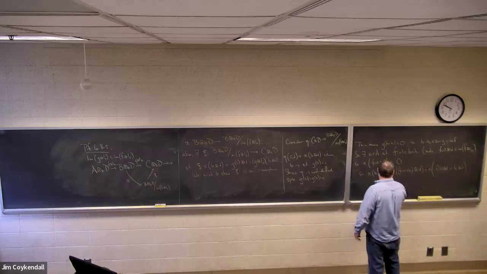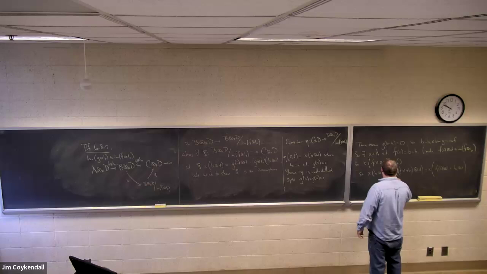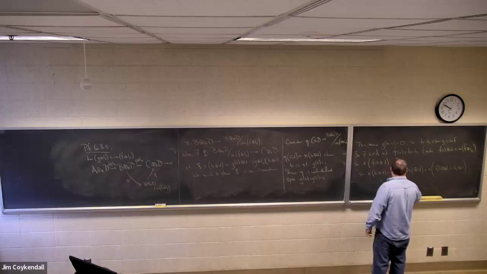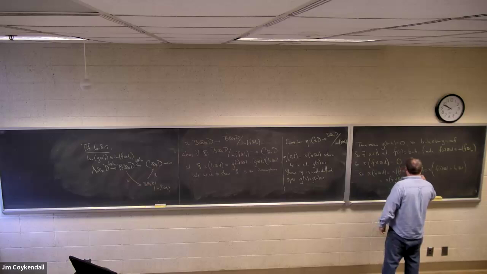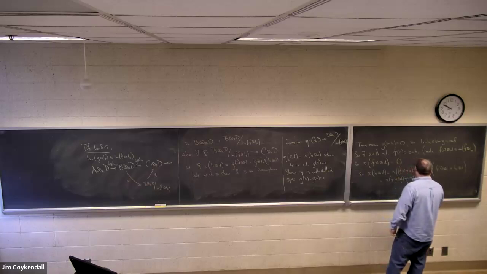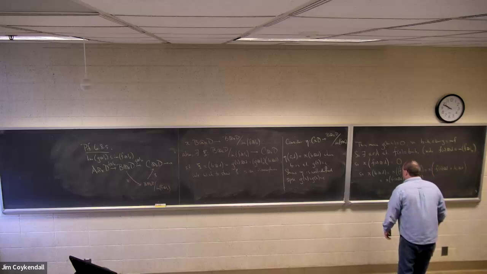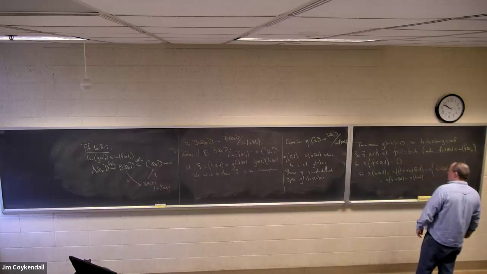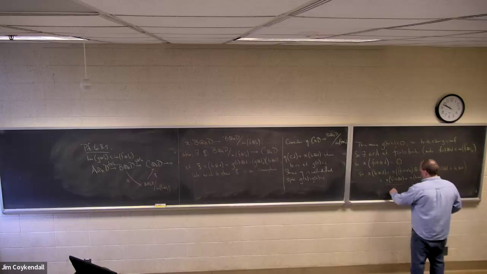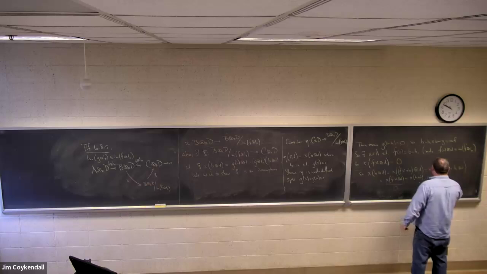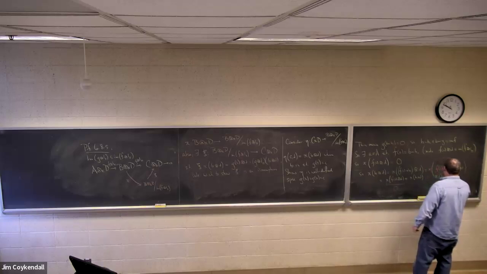So this is pi of F of A tensor D plus pi of B1 tensor D. And this is 0.